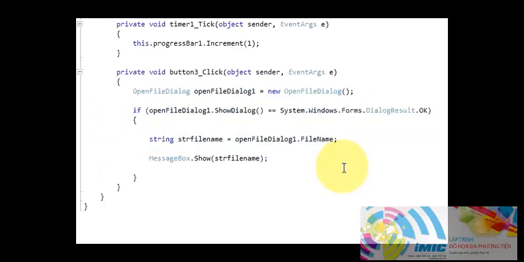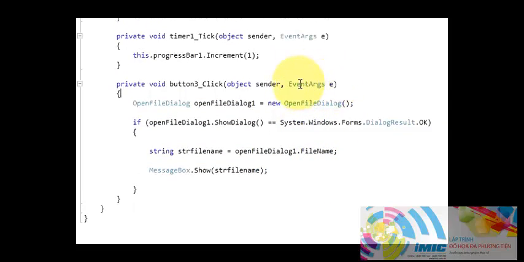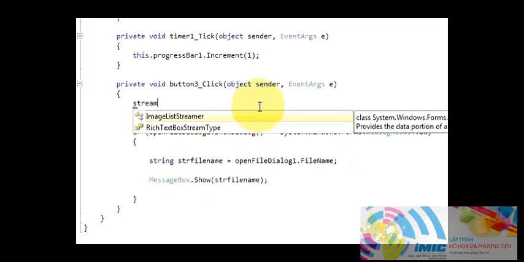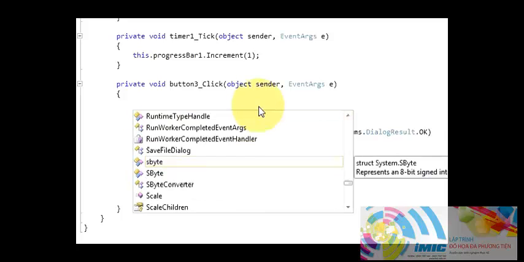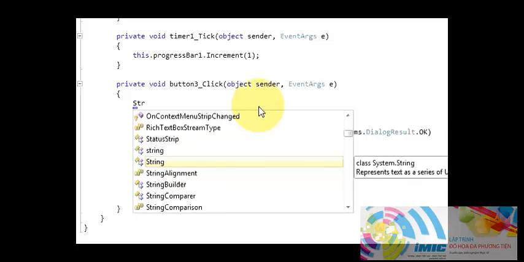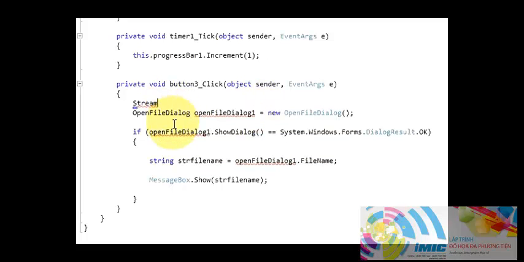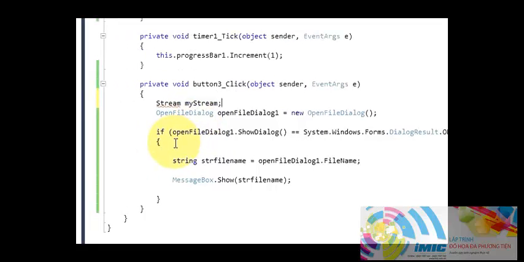Now let's improve this code. At the top, declare a stream variable. I write Stream and give it a variable name. I'm naming my variable myStream.